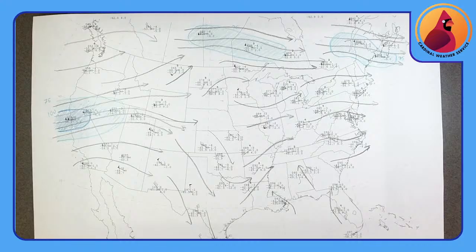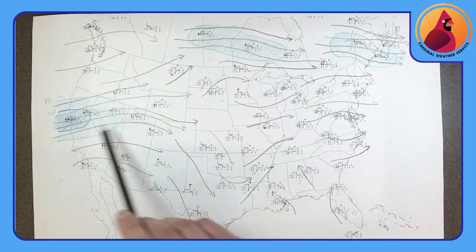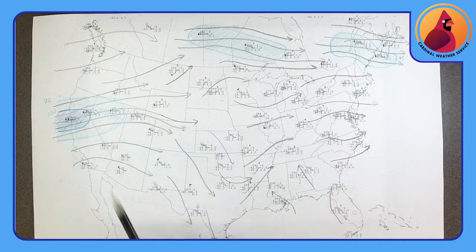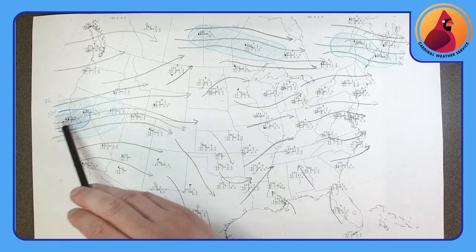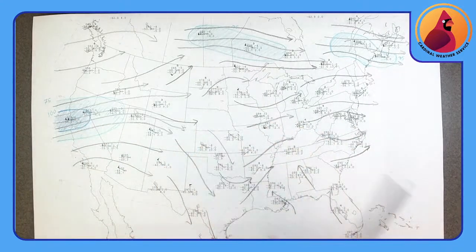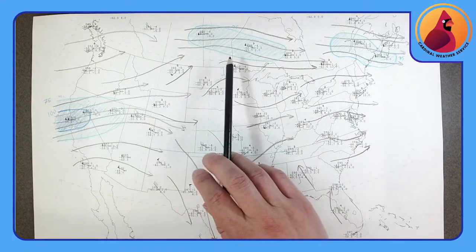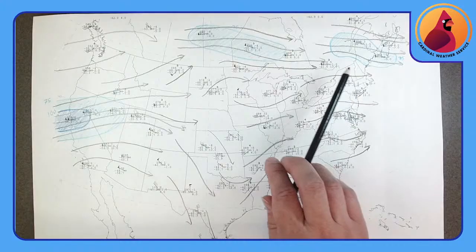Not very strong winds up near the top of the troposphere. A little bit coming in here off of the Pacific into California. A little bit up here if we drop our threshold down to 75. A little bit here in Canada.